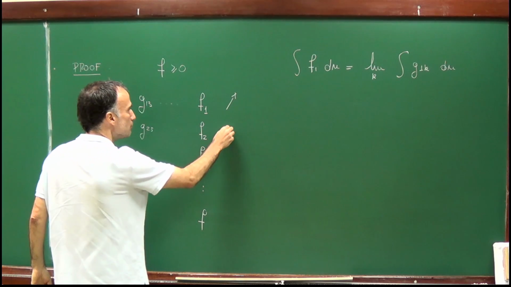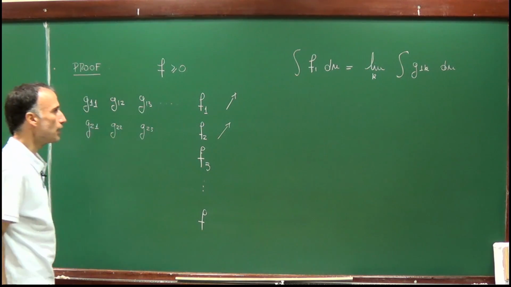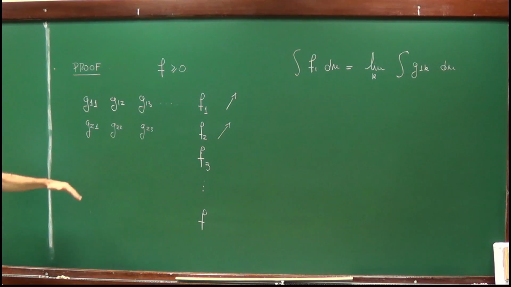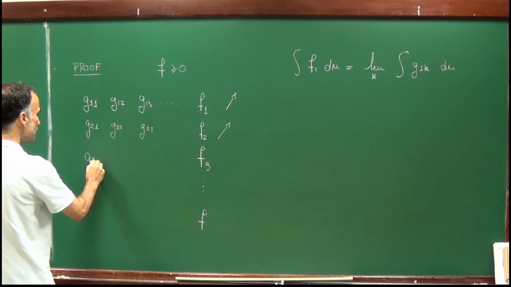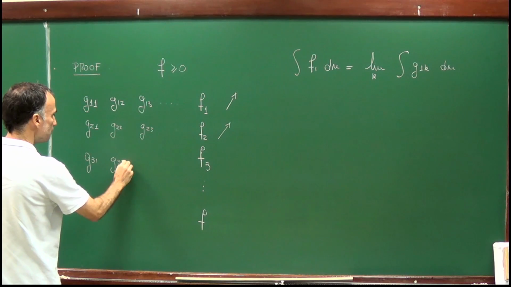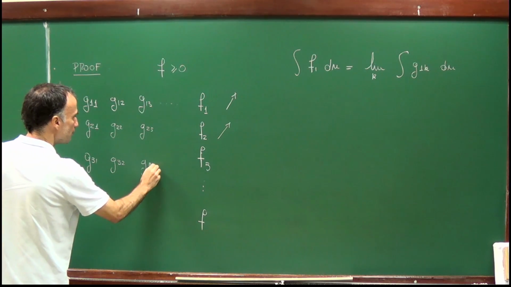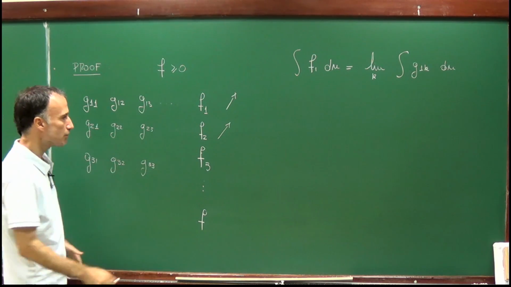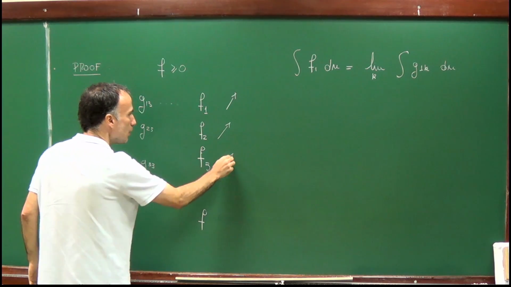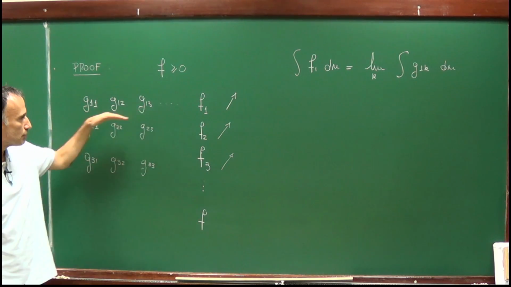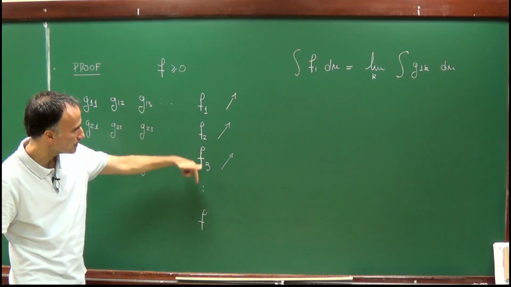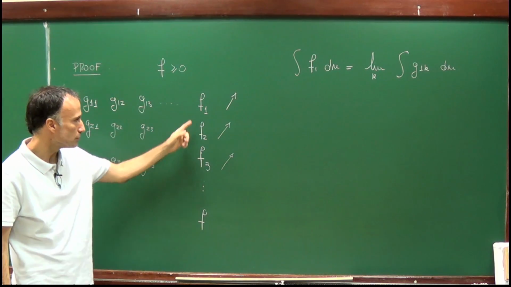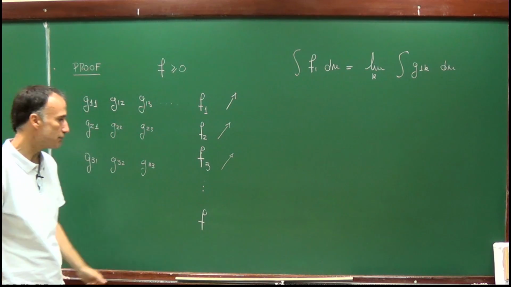We can repeat that for each line, getting here a sequence g31, g32, g33, which are simple functions which are increasing to f3. So along the line I have monotone sequences, and here on this column I have also a monotone sequence increasing to f.